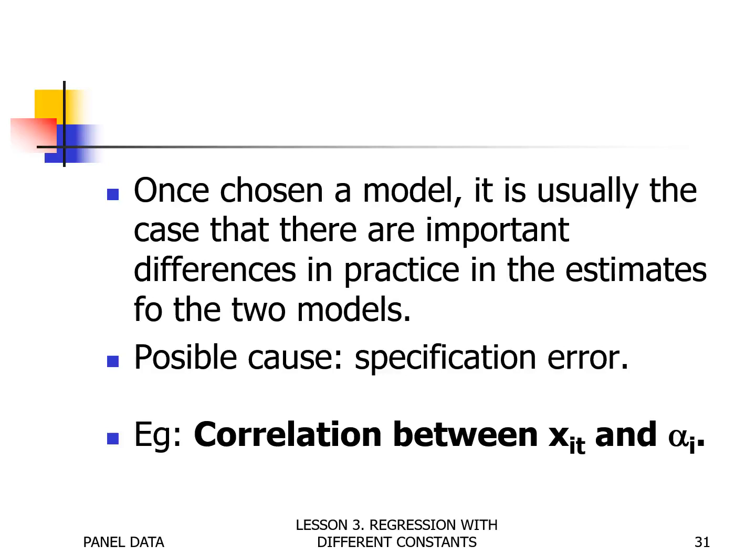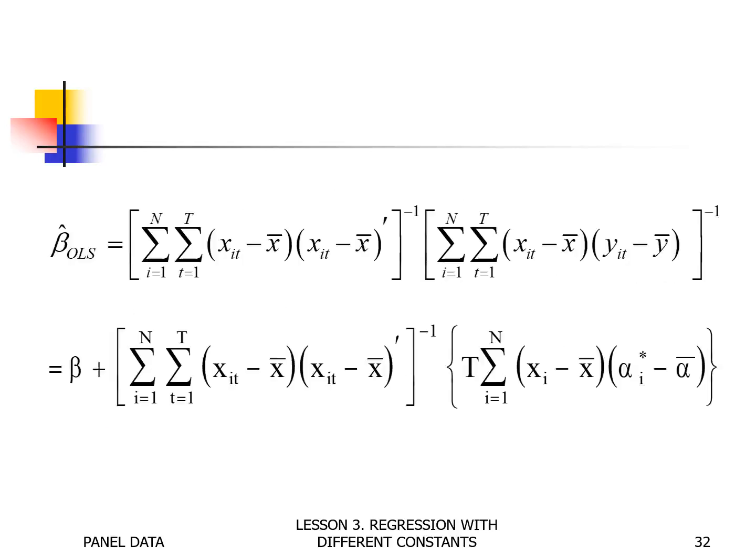The basic idea here is why is there a difference and why is the difference important. And one possible cause is that you have a specification error. A specification error in this particular case means that there is correlation between the observed heterogeneity, the X's, and the alphas, which are essentially the unobserved heterogeneity.